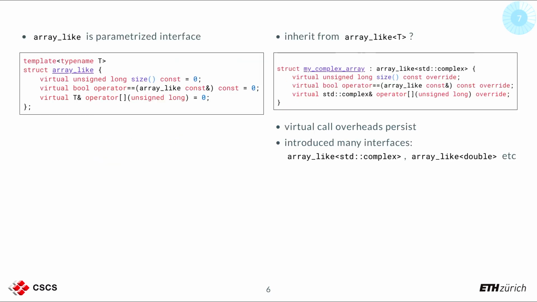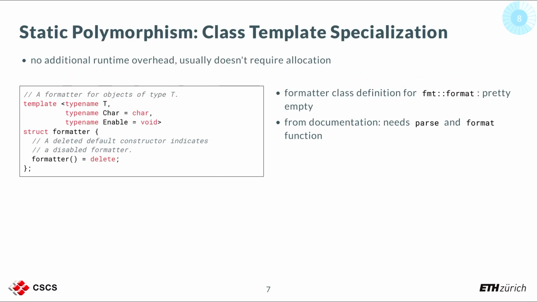If we already need to somehow specialize this array-like interface, why not just specialize the whole thing and not inherit from anything? I mean, there's not much difference. And this is, for example, done in the format library, where there's a thing called formatter, which you, as a user of the library, have to implement for your type T to be able to be printed out.